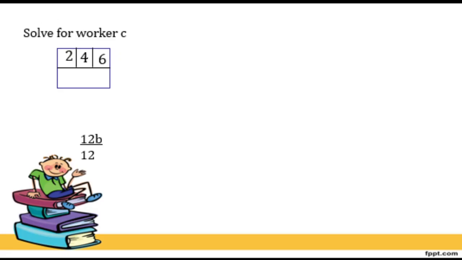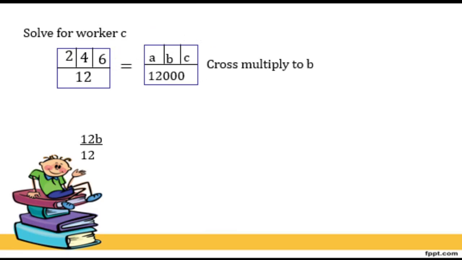Next, for the C, you have 2, 4, 6, and then you have 12 times C is equal to 12C, which is equal to 72,000.